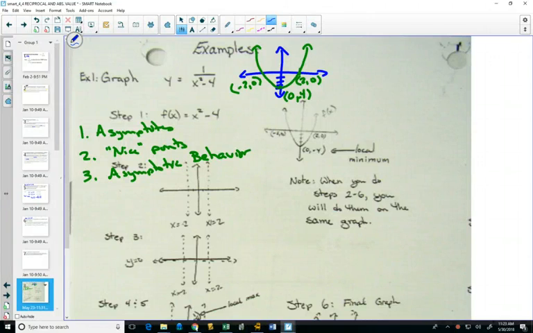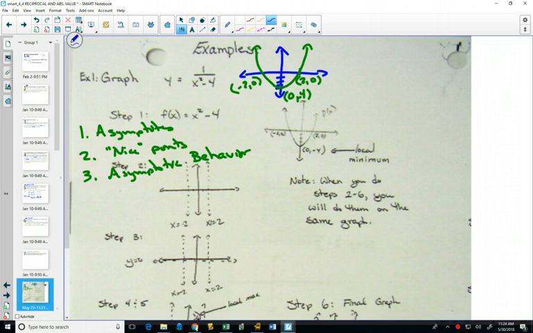But that's where we just graph it in the end. What makes a nice little acronym? ANA. If you're like, oh, I don't know how to graph, what would ANA do? And then you can say, oh, she would probably do asymptotes, nice points, and then asymptotic behavior. Perfect.